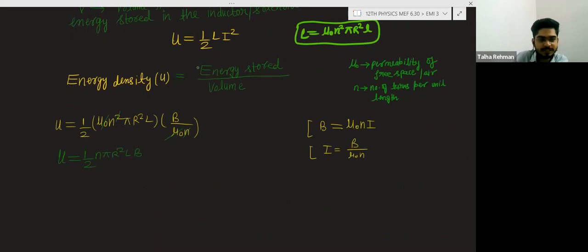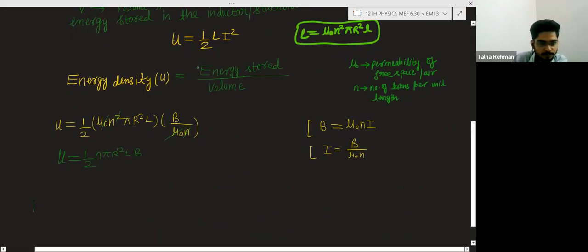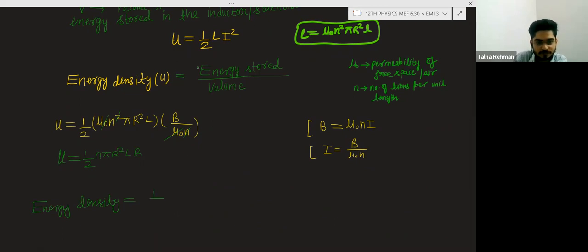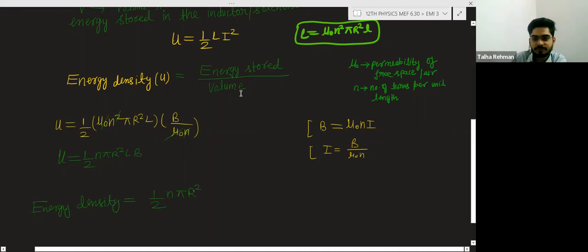So now energy density, small u. You will put this value, half n into pi r square. Actually, there is one more thing also.